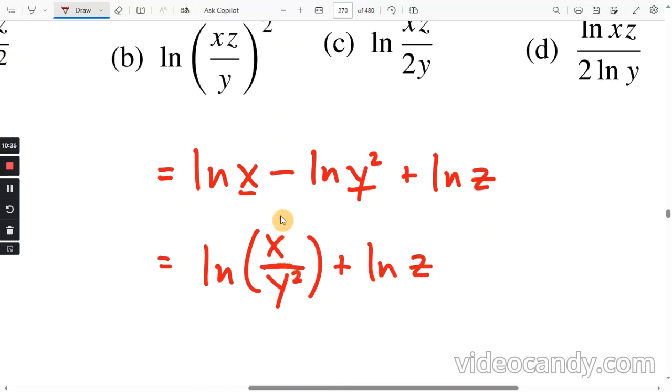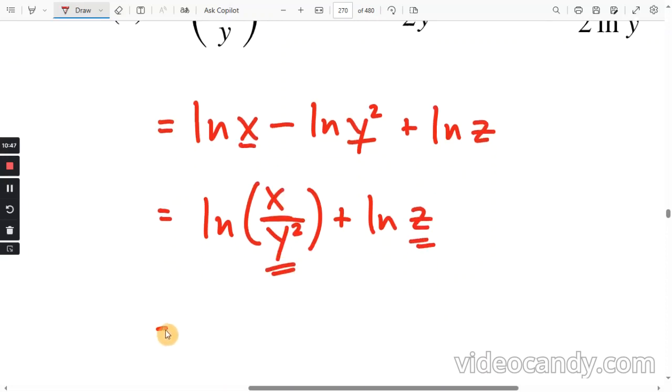So when it's negative, you do the quotient rule. And now when it's positive, we're going to do the product rule. We're going to multiply x over y squared times z for the final step. So that's going to be ln of x over y squared. Just before you write this down, if you wrote times z, I'll do it in two steps.